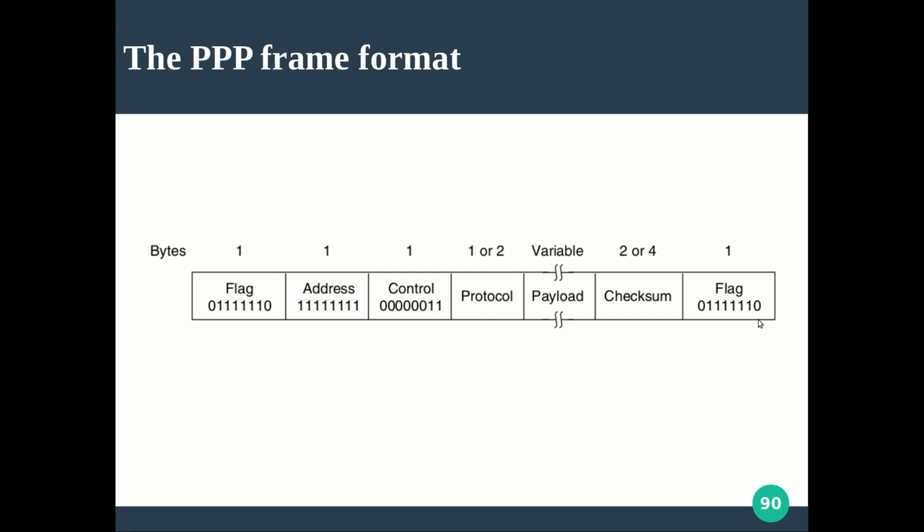Something like this should not happen. So we break such a special flag pattern if it occurs in the original message. We will not allow the original message to contain the same delimiter pattern, and the simplest method is bit stuffing.